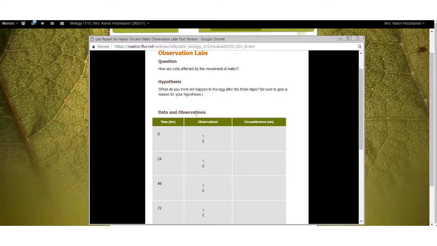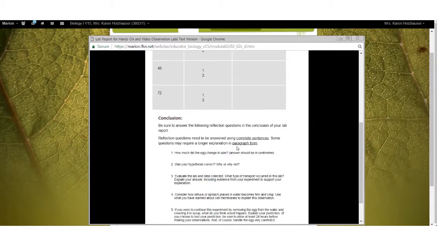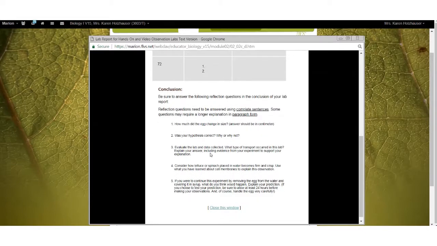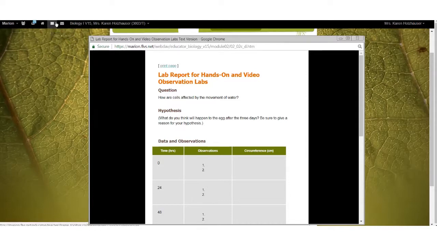But you'll fill out the whole lab report, give your observations. Make sure that you do the circumference in centimeters, not inches. And then there's 5 questions. If you understand osmosis pretty well, you're going to have no problem with answering any of these questions, all right? And so that's pretty straightforward.